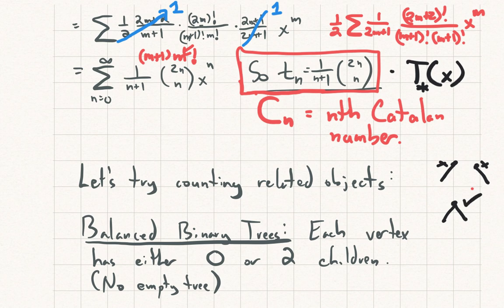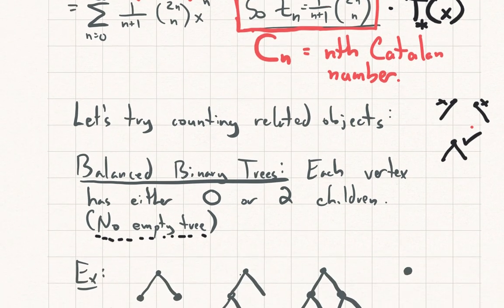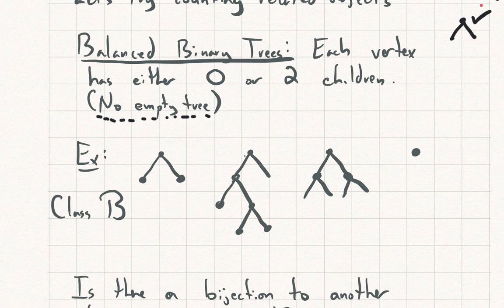And for this one, it makes sense to not talk about an empty tree, and we'll see why in a second. Okay, so let me show you a few examples of how these look. We'll call this class script B for now. So these are all balanced binary trees. You can see this vertex has 2 children. These vertices have 0 children.